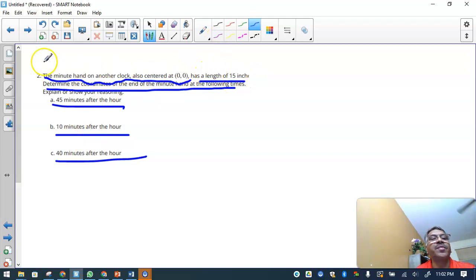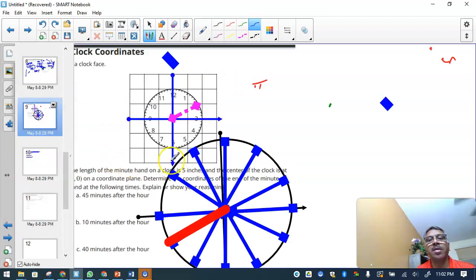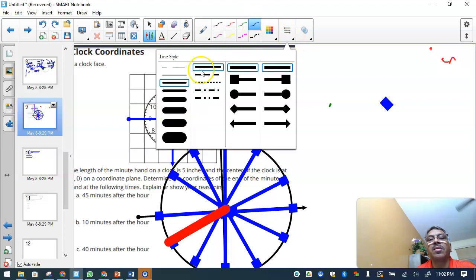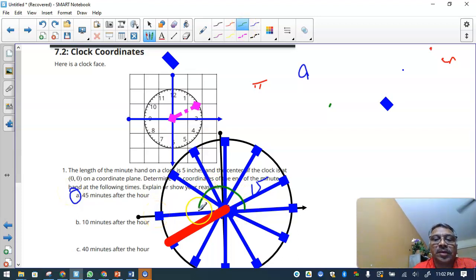So if this is 15, the only change is that this is now 15. Be careful. If it is 45 minutes again, it means here, so this point becomes minus 15 comma 0. That's all they're asking you.